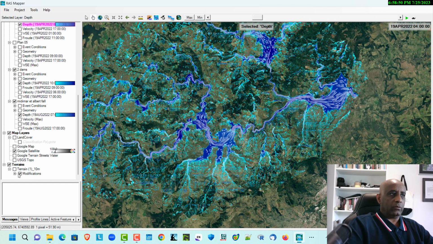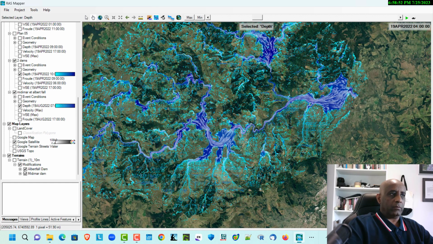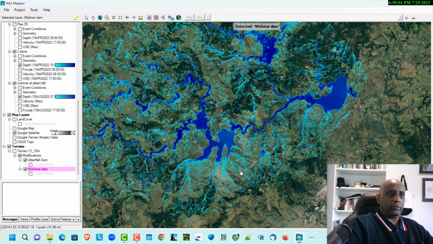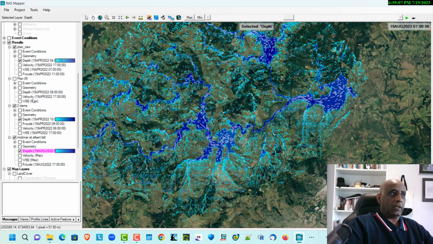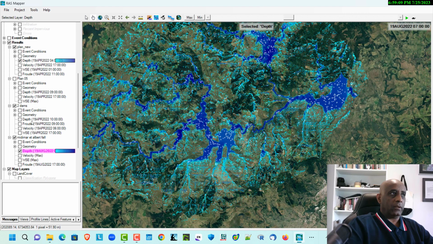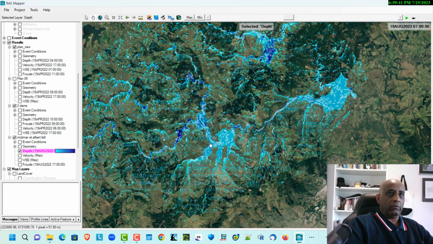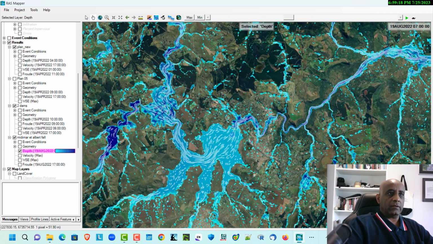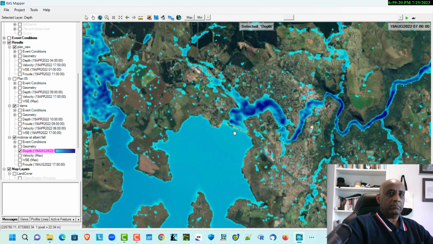I consider the dam, two dams, for example, here is Midmar Dam. This is Midmar, this is Albert Falls. Now you can see here, after I introduced the dam in the valley, you can see the flow tremendously decreased.